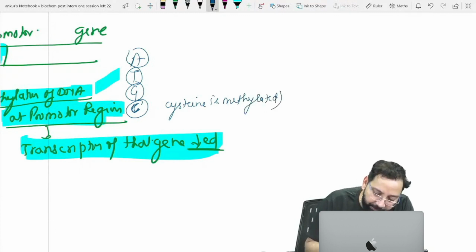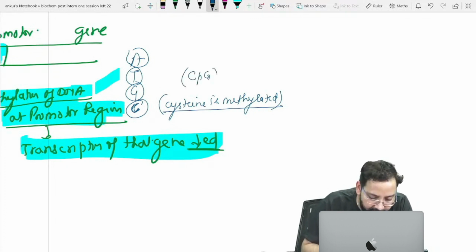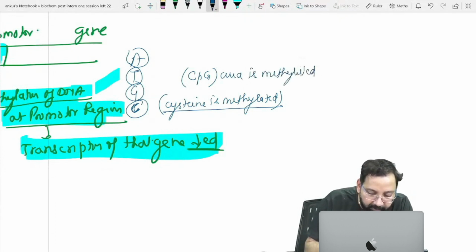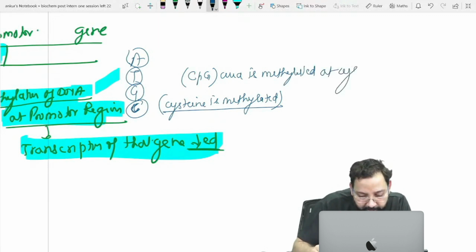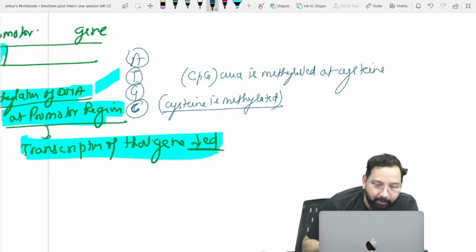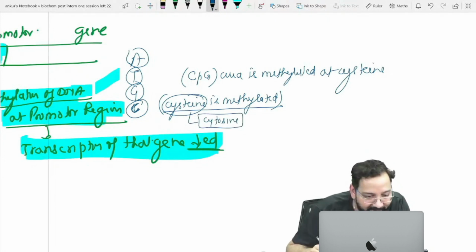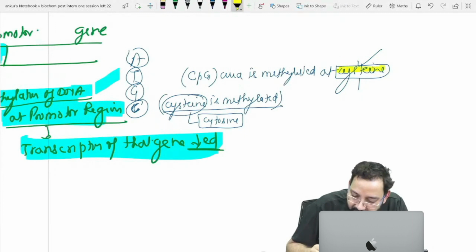Sometimes you will find the CpG area is methylated at cytosine. This is not cysteine, this is cytosine. This question was actually asked.